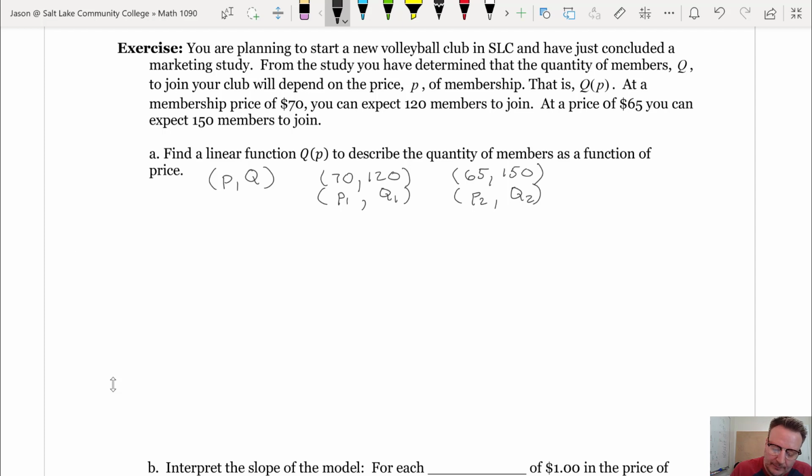I'll call it M. This is going to be delta Q, the change in the output variable divided by the change in the input variable, or in other words, Q2 minus Q1 divided by P2 minus P1.